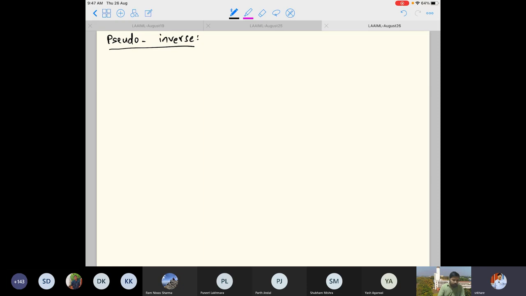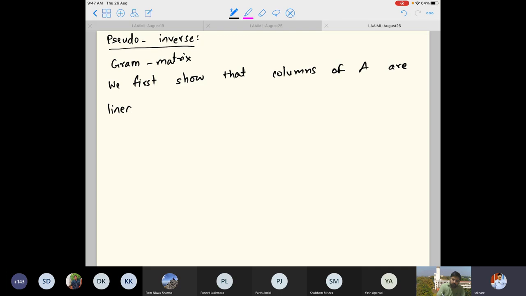Okay, so first I will define something which is called the gram matrix. This gram matrix is something that is interesting, and I will prove a result. We first show that columns of A are linearly independent.